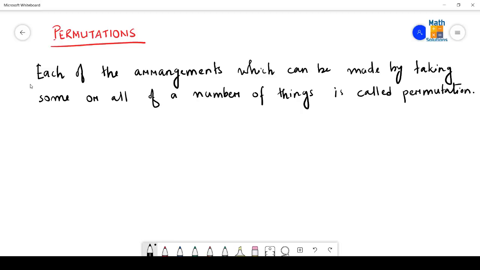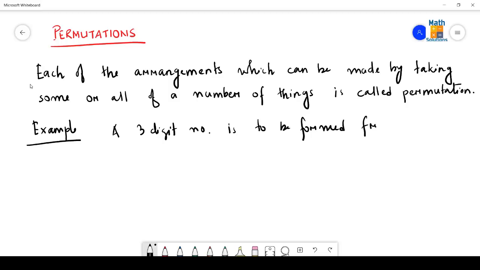Now with an example, let us proceed. Say this is the example. Suppose a three-digit number is to be formed using digits 0 to 9, without repetition.